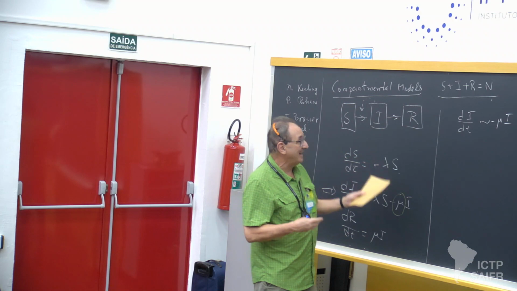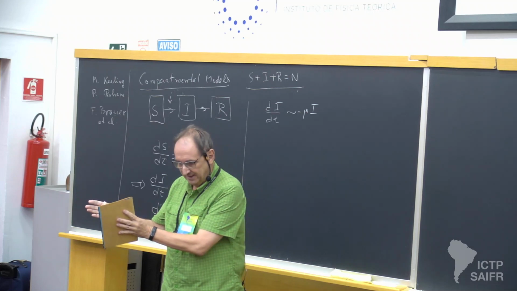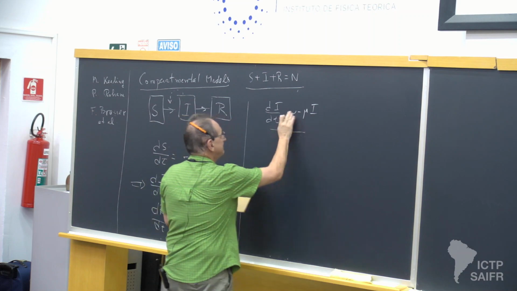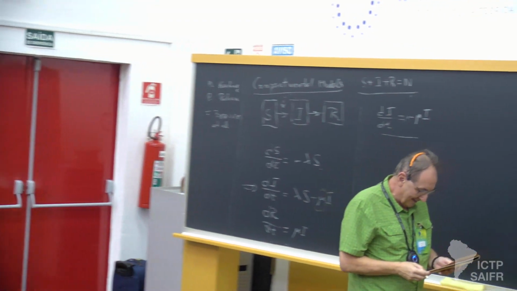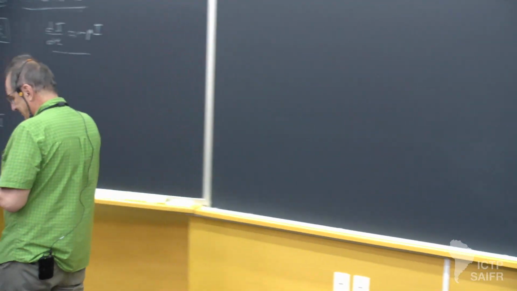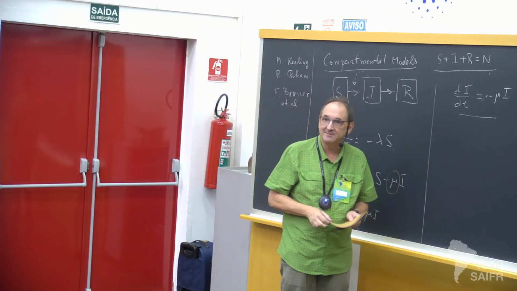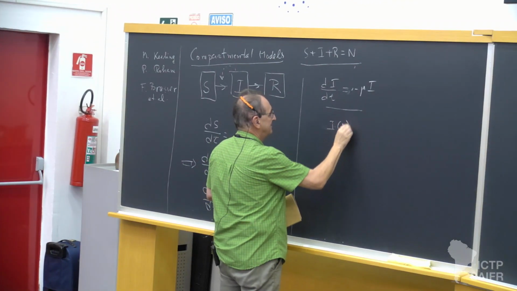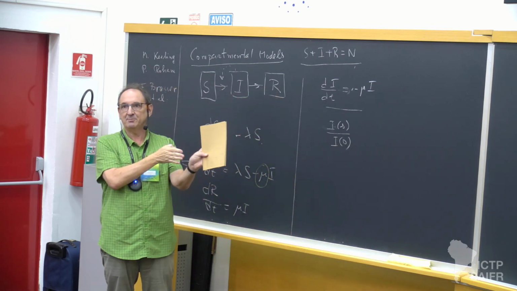Well, if they leave the infected class at rate mu, then obviously the number of people infected after a certain time, say s, will be I of s divided by I of time 0, the time where you get the people who were infected.